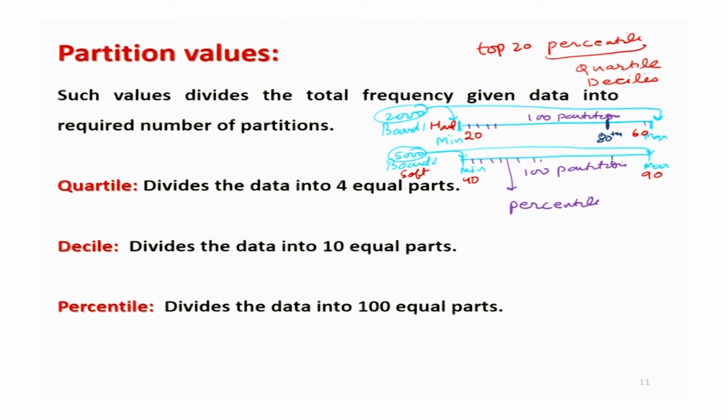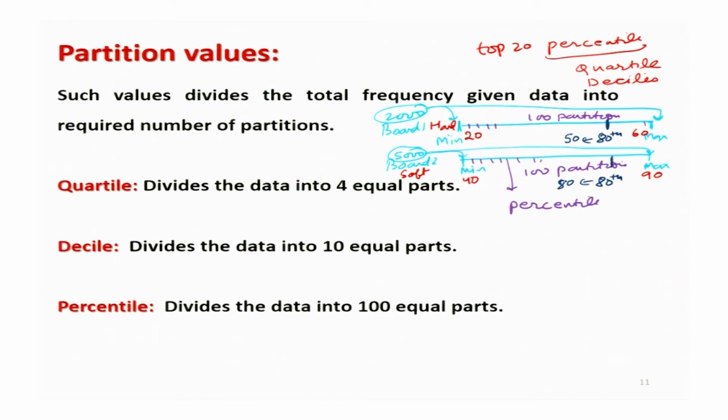The 80th percentile of board 1 and the 80th percentile of board 2 are usually expected to have different marks. It is possible that in board 1, a student at the 80th percentile has got only 50 marks, and in board 2 a student at the 80th percentile has got 80 marks.